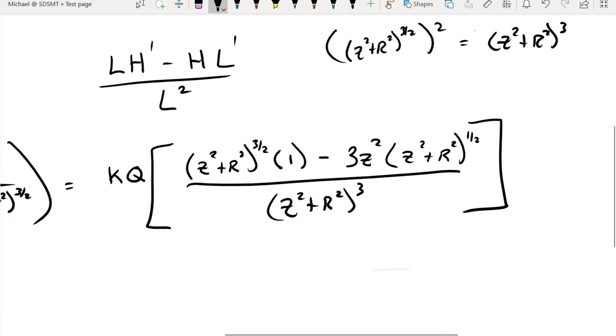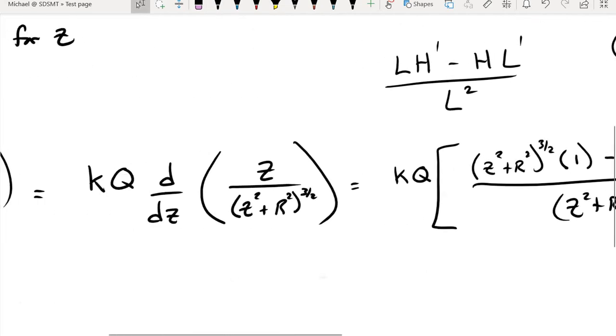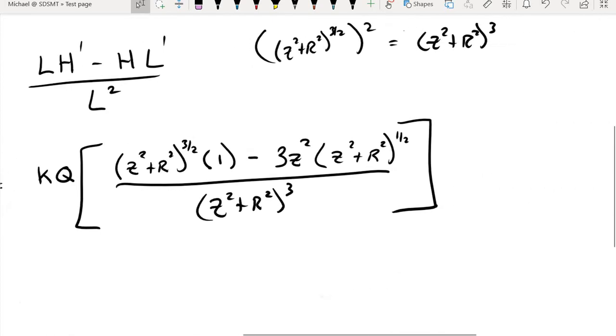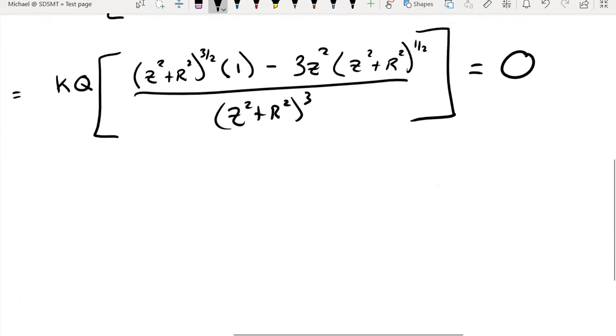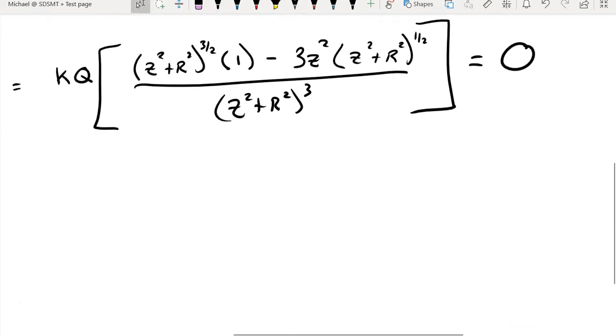There is the derivative of our electric field function, and we have to set that equal to 0 and solve for z. And I can just about hear some of you choking right now, thinking, where are we going to start with trying to solve for z? And I agree, this looks like a very daunting task, but we're going to take this one step at a time, and I can assure you that the math is going to clean itself up very, very nicely.